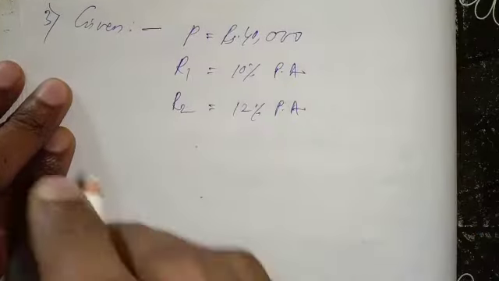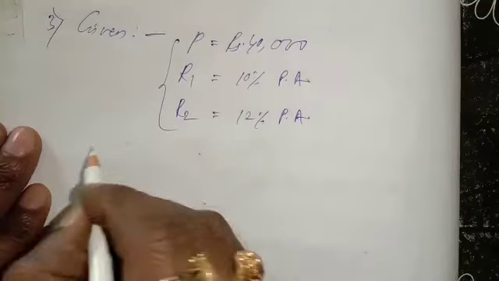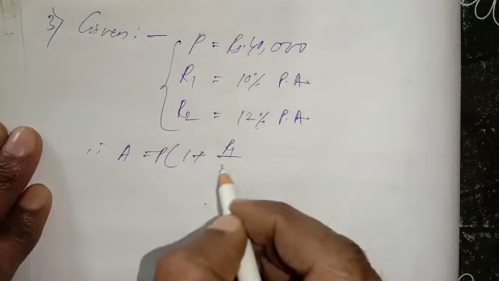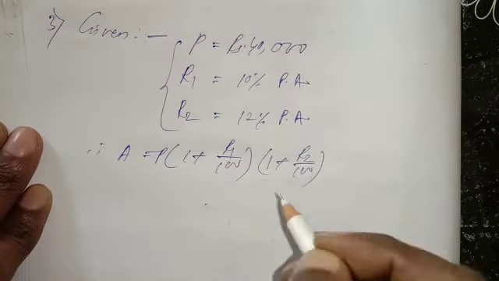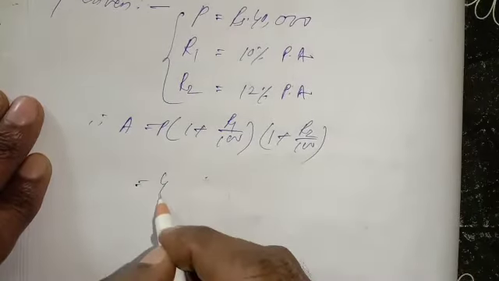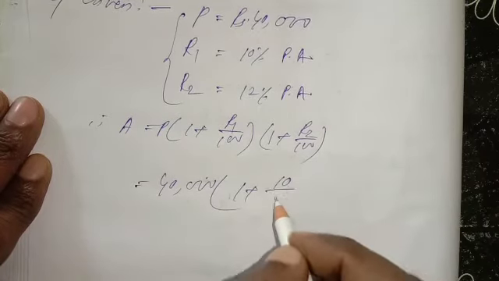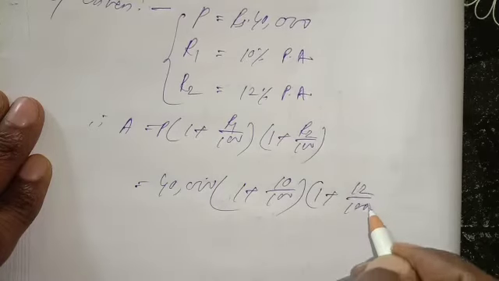Means time 2 years. First of all you have to find out the amount. Therefore amount is equal to P (1 plus R1 by 100)(1 plus R2 by 100). Here principal given 40,000, 1 plus R1 is 1 plus 10 by 100, and this is 1 plus 12 by 100.